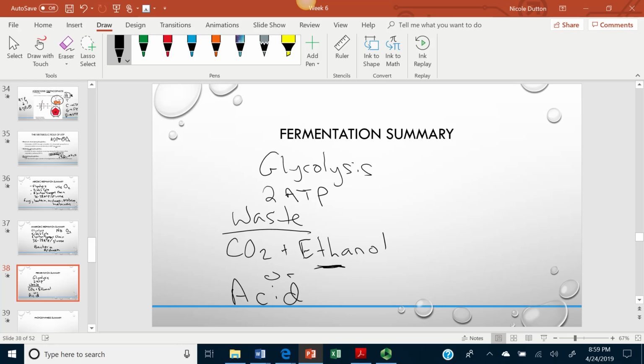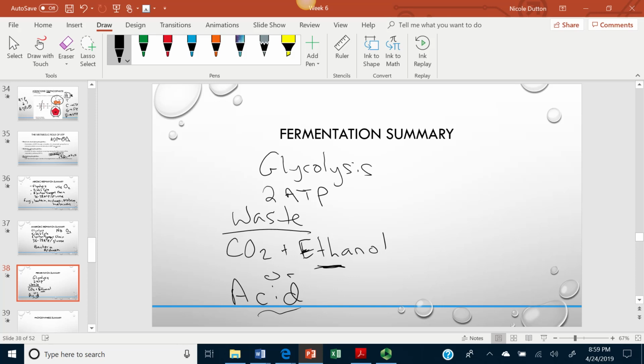The ethanol is how we produce alcohol in wine and beer and so forth. The acid, there's all sorts of different types of acids that can be produced, and we'll test for the presence of these different types of acids in some of our metabolic tests for diagnosis of infection.